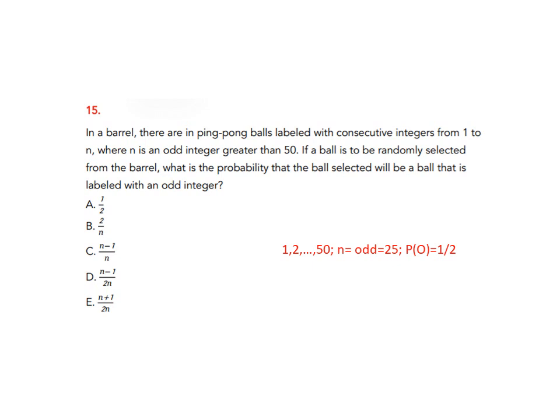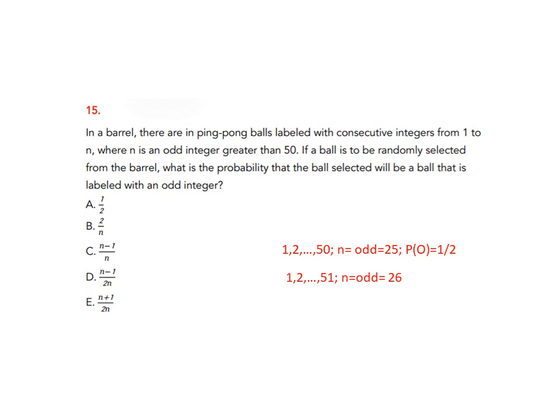Suppose there are 50 balls, so 50 is even, the number of odd balls will be 25 and even balls will be 25. So the probability that the ball selected is odd is half. Now check the question. It says n is an odd integer greater than 50.